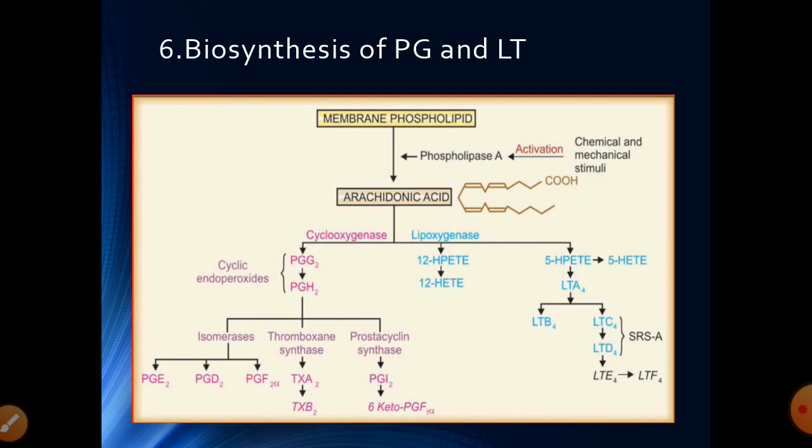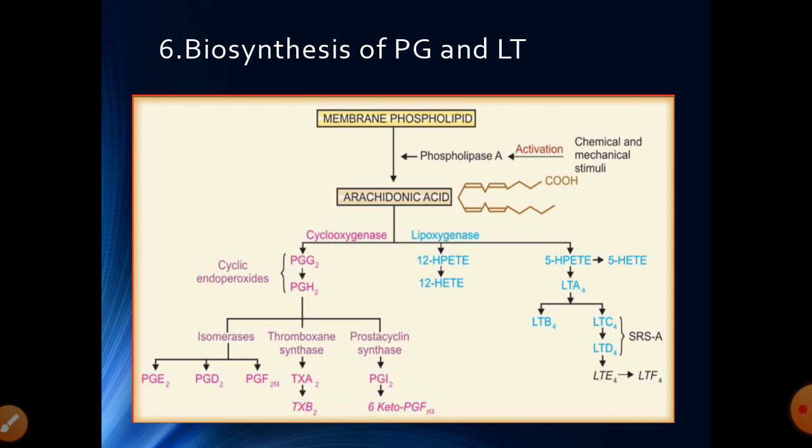Next is biosynthesis of prostaglandins and leukotrienes. So here it is clearly mentioned that membrane phospholipid degrades. They are metabolized by the action of phospholipase A and converted into arachidonic acid. Then comes the action of two enzymes, that is cyclooxygenase and lipooxygenase. The cyclooxygenase forms the prostaglandins, that is PGG2, then comes PGH2.